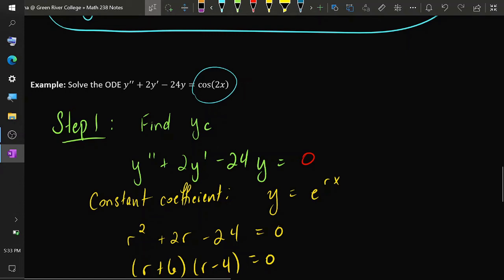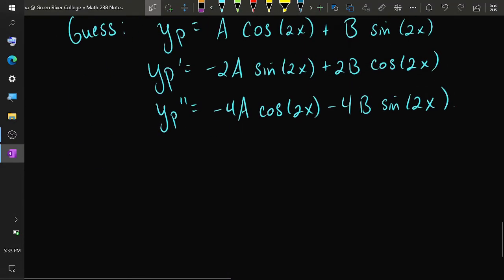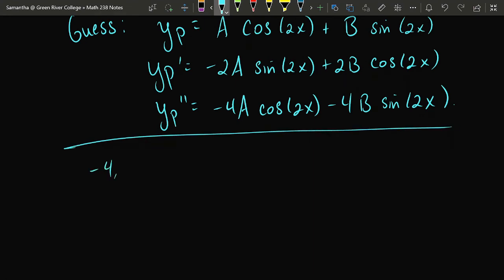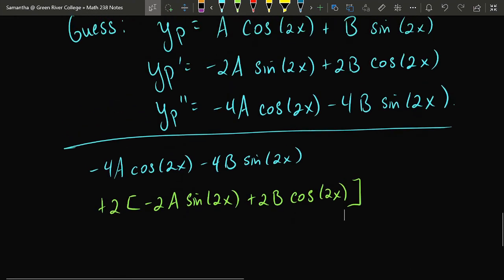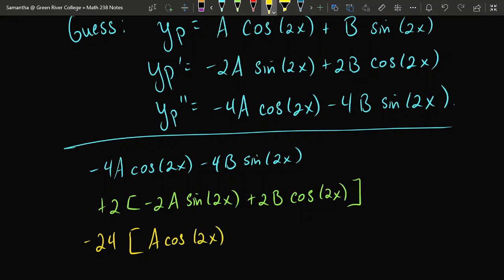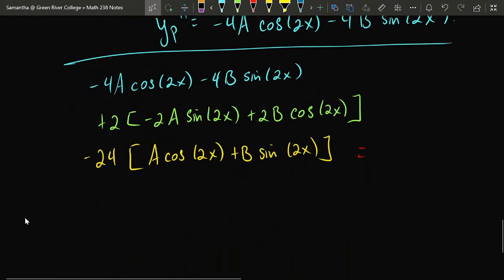Y double prime plus 2y prime minus 24y will become y double prime plus 2y prime minus 24y is equal to cos 2x.